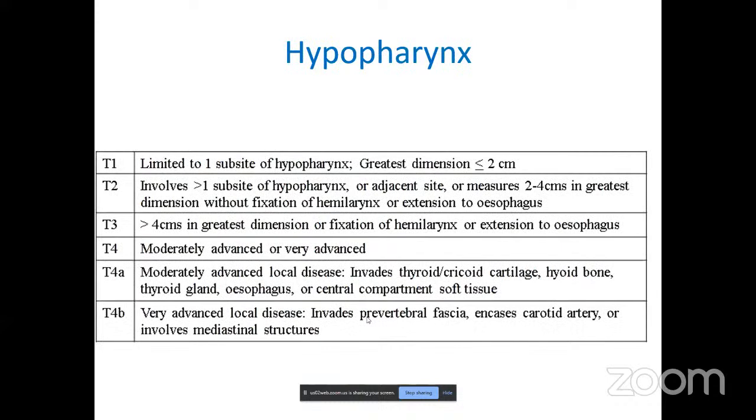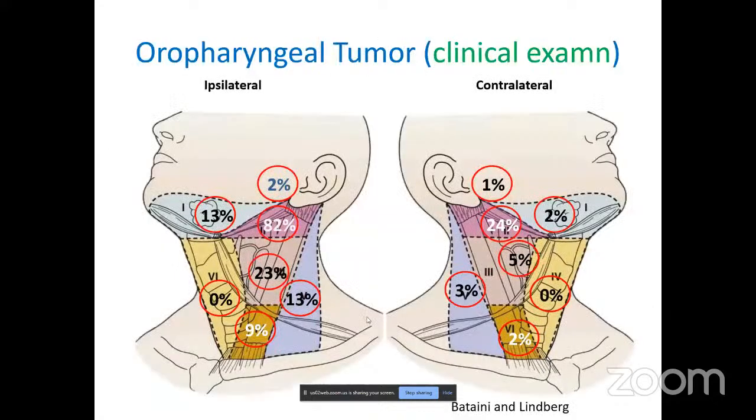And hypopharynx is similar: 2 to 4, more than 4, and T4 when it is locally advanced, like when it is involving thyroid or cricoid cartilage, thyroid bone, and we consider it T4B disease when it actually encases carotid artery or involves prevertebral fascia.